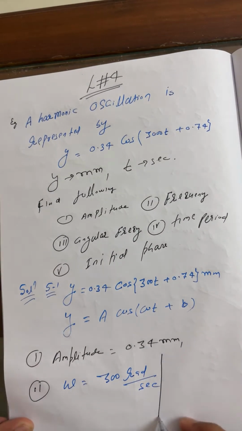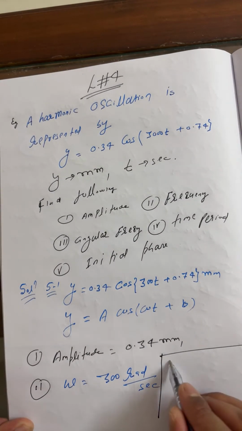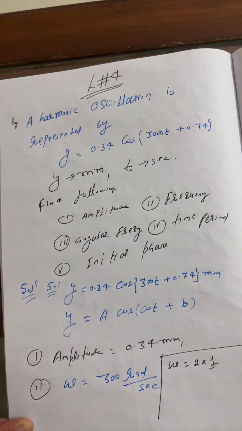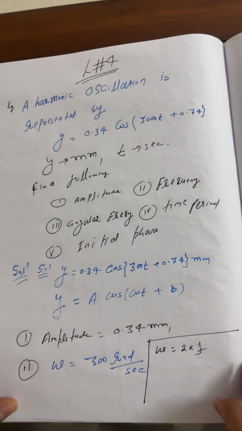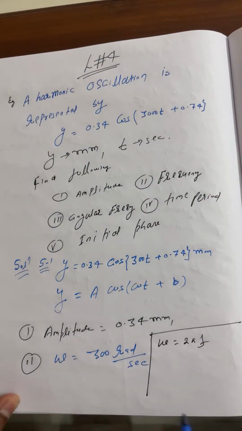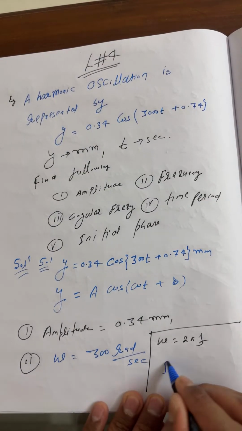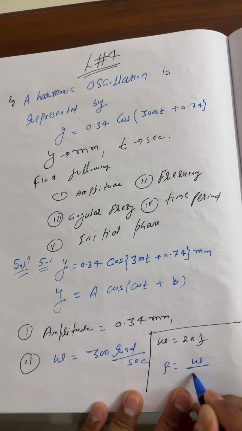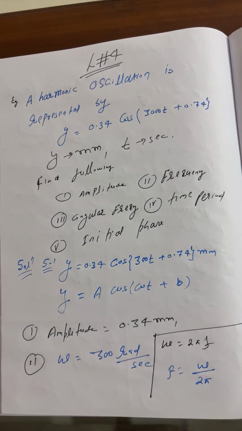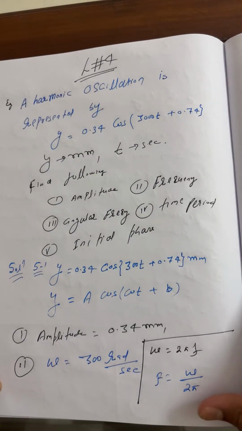Write omega equals 2 pi f. So frequency is omega upon 2 pi, right, my dear? This is the frequency here.